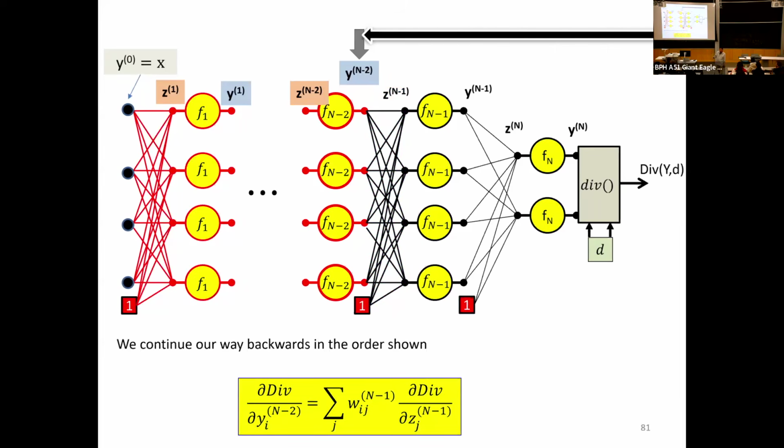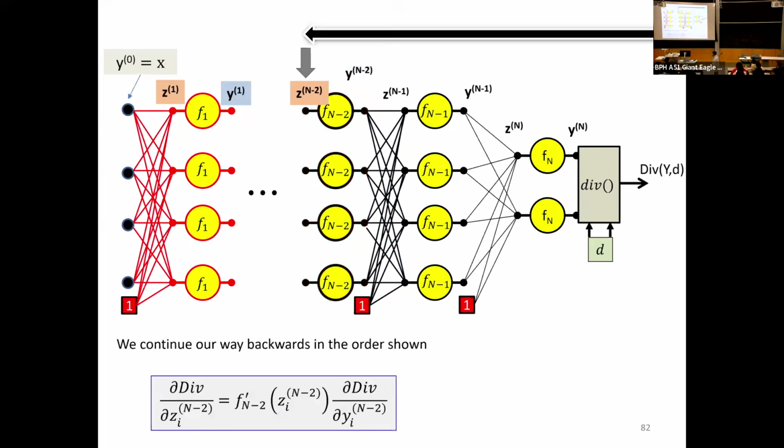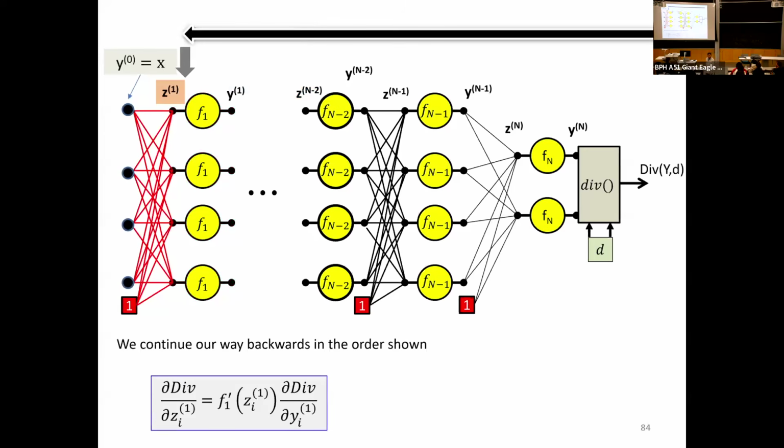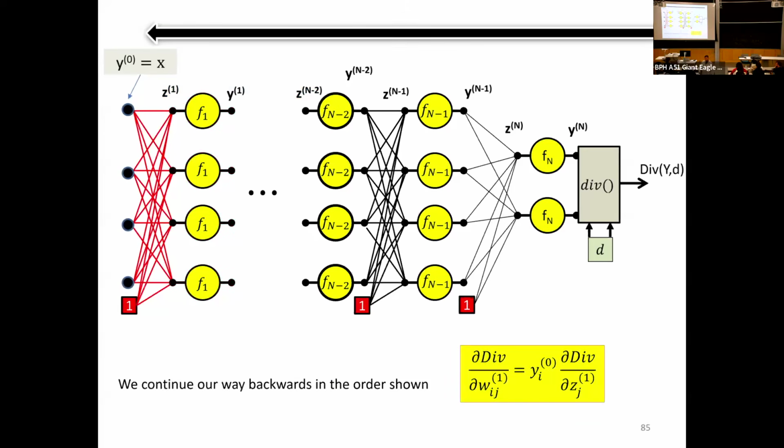And then you can keep following the same rules going backward all the way to the beginning of time. In fact, you can even compute the derivative of the divergence with respect to the inputs. And that will tell you how much perturbing the input a little bit is going to change the divergence of the loss, right? So everybody with me? Beautiful. So this was easy.